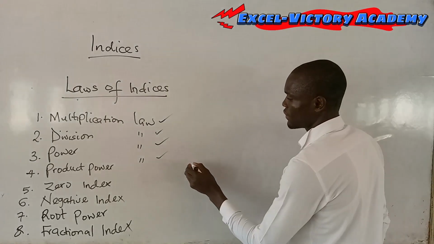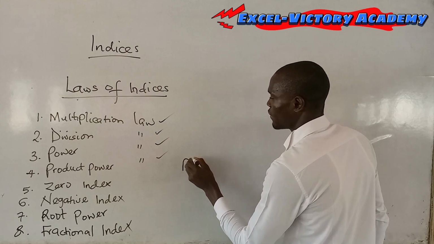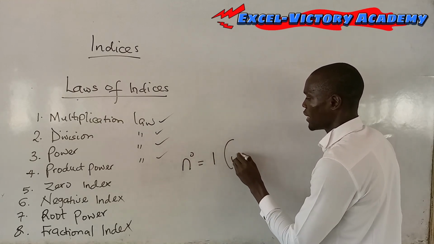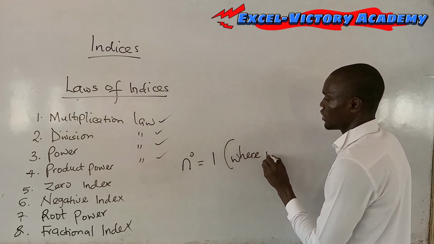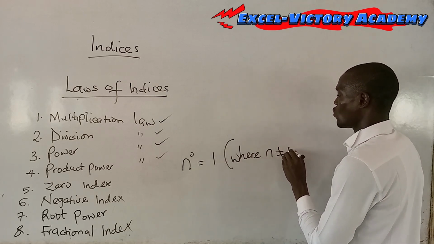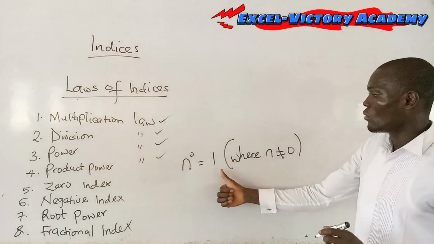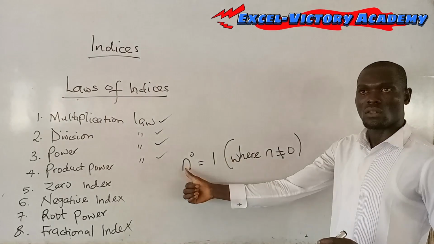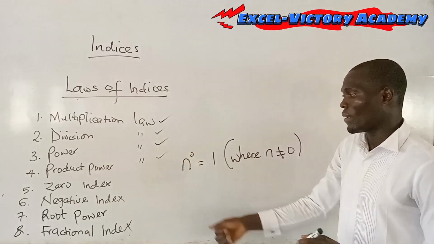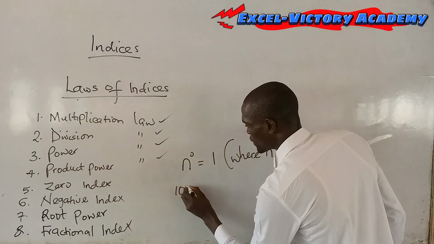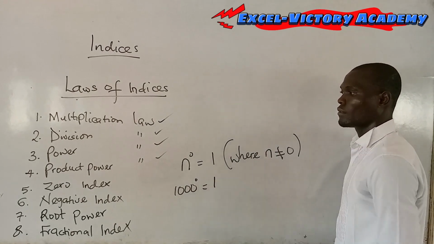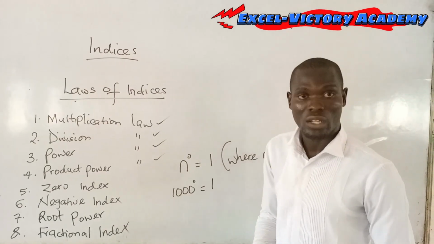For instance, n raised to the power 0 is equal to 1, where n is not equal to 0. That is what it means, a non-zero digit. N must be a non-zero digit for this law to apply. For instance, if you have 1000 raised to the power of 0, it is still equal to 1. That is what zero index is all about.